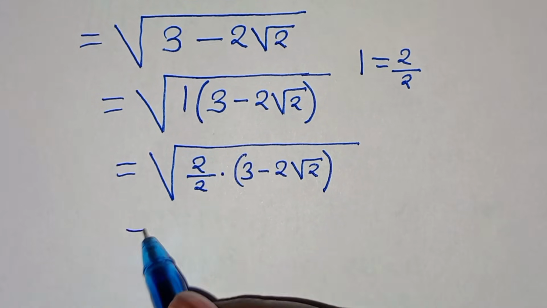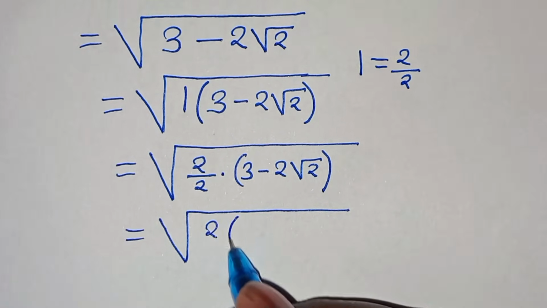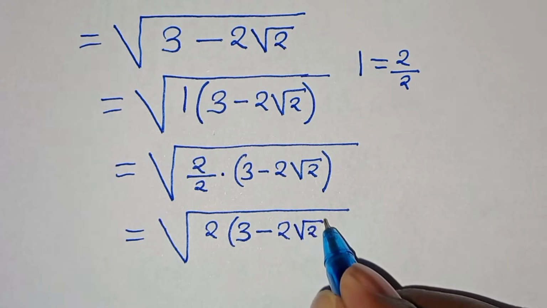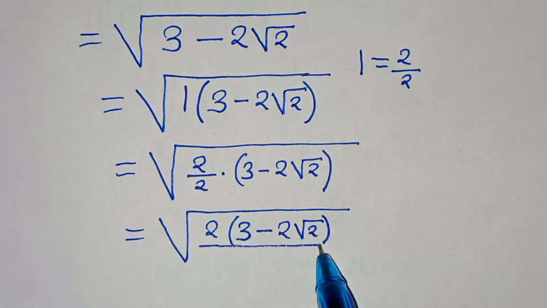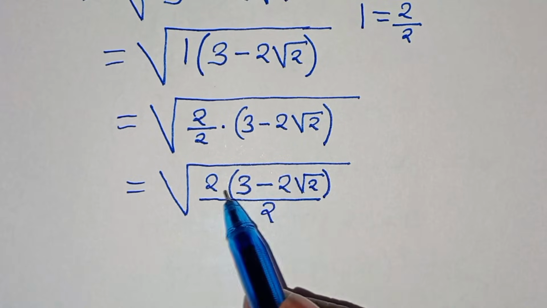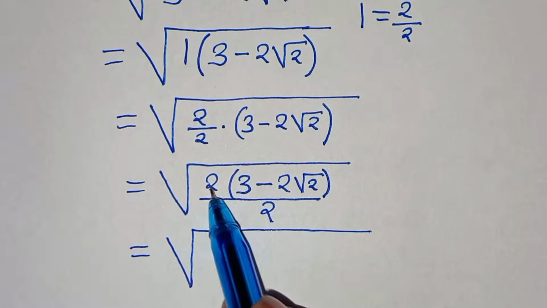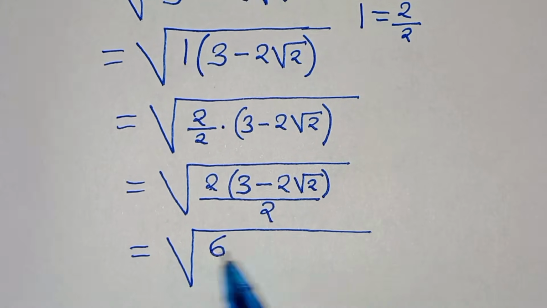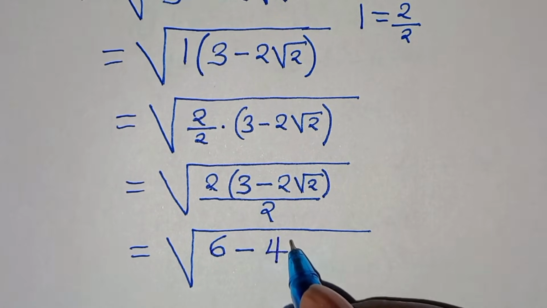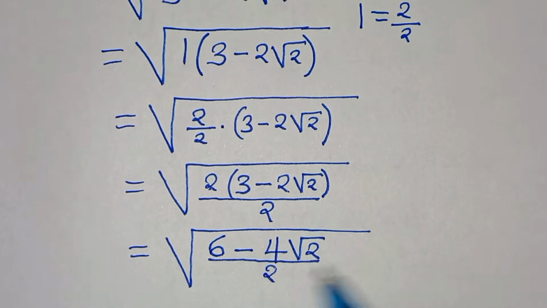Now this is the same thing as the square root of 2 multiplied by 3 subtract 2 square root of 2, close the parenthesis, everything here divided by 2. Now let's open the parenthesis here so that we have the square root of 2 times 3, which is equal to 6, then subtract 2 times 2 square root of 2. This is minus 4 square root of 2, everything here divided by 2.